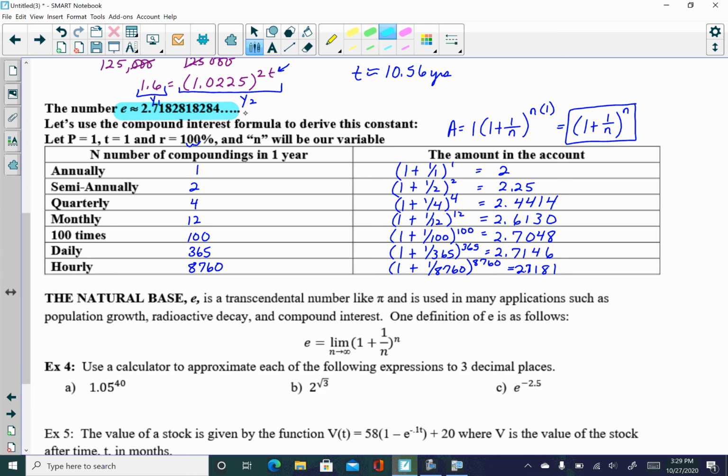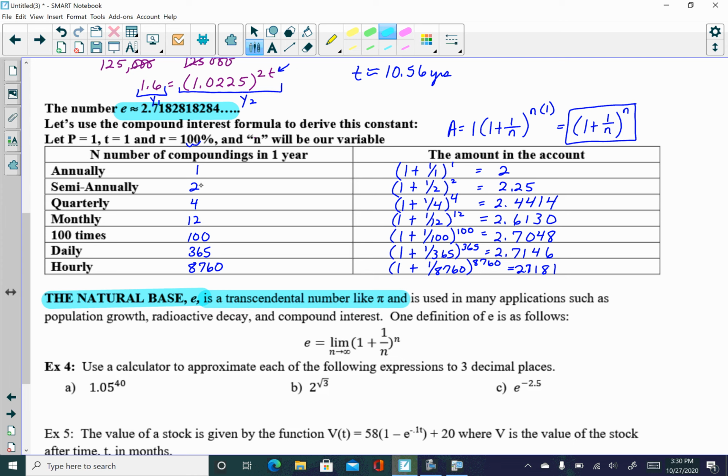And just below that, that e is a natural base that we're going to be utilizing with natural logs in the coming sections. It's very similar to a naturally occurring number like pi, a transcendental number like pi. It is used in a lot of applications like population growth, radioactive decay, compound interest. Our definition of e is the limit as n goes to infinity.